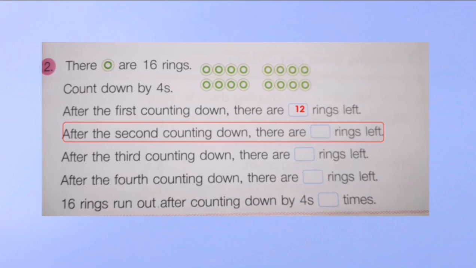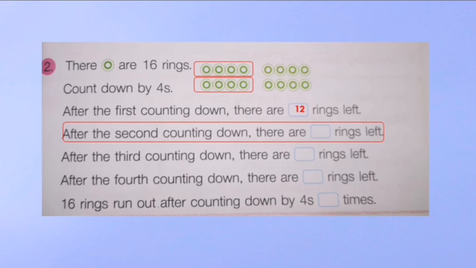Let's go to our second countdown by fours. So this is our first countdown by fours, and this is our second countdown by fours. So how many rings are left? Please count the rings and write the correct answer inside the box.